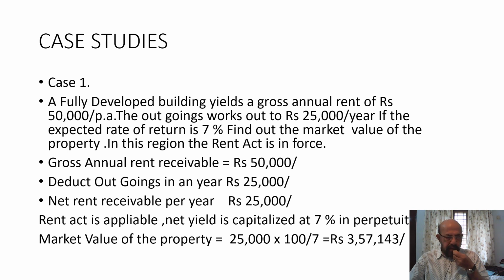So the data: gross annual rent receivable rupees 50,000 per annum. Deduct outgoings in a year rupees 25,000. Net rent receivable per year is equal to 50,000 minus 25,000, which is equal to rupees 25,000. Rent Act is applicable.